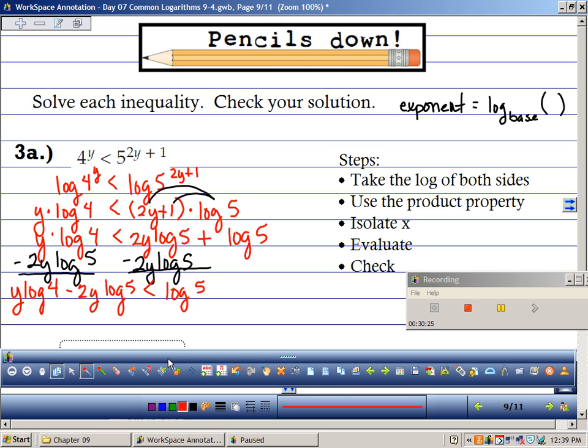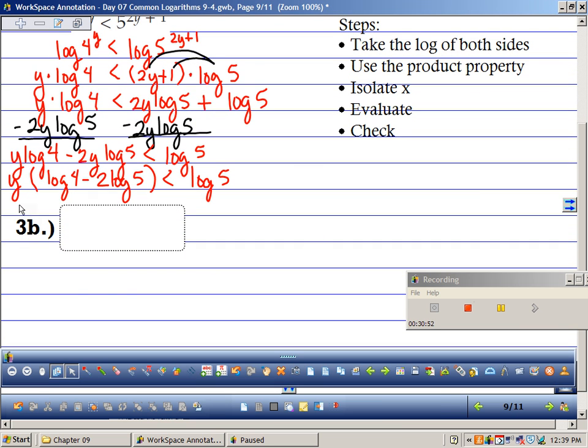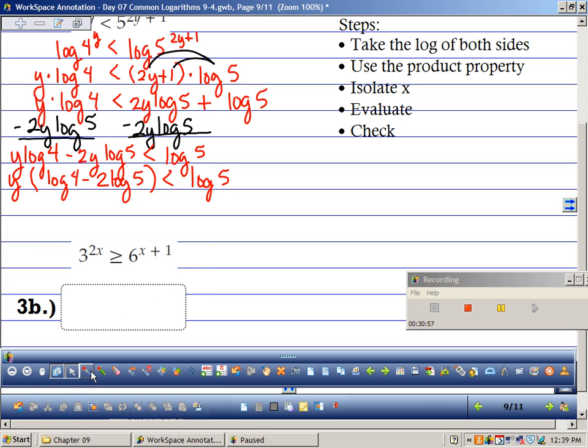Are you with me so far? Nope, not yet. They both have y in common, so take out a y. What would be left over if I took out a y? Log 4 minus 2 log 5 is less than log 5. You guys see it? Just kidding.